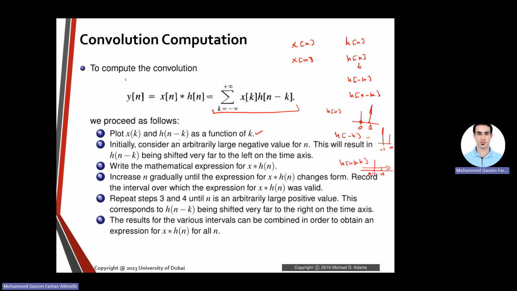So for example, y of 0 is the summation for k equal negative infinity to infinity of x of k, h of negative k. In fact, let me do an example to have a clear understanding.